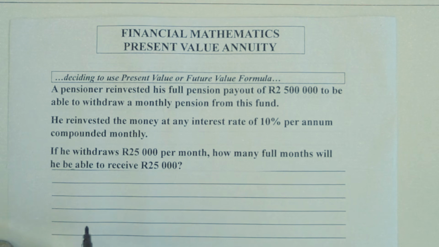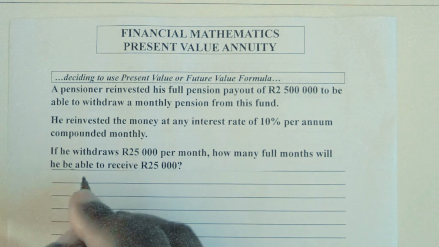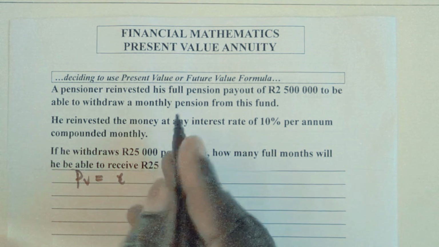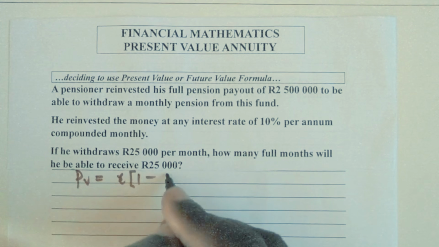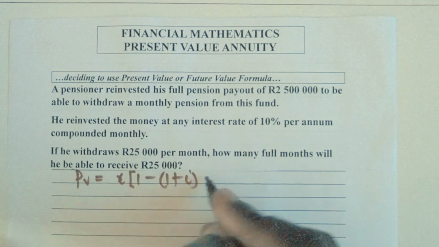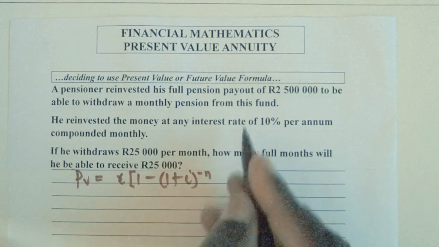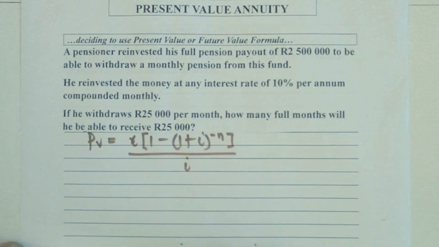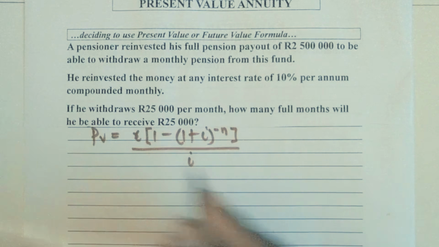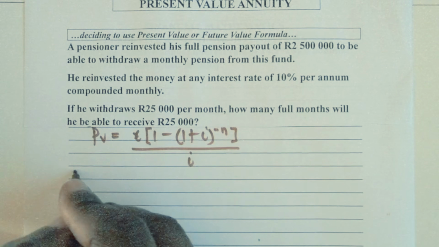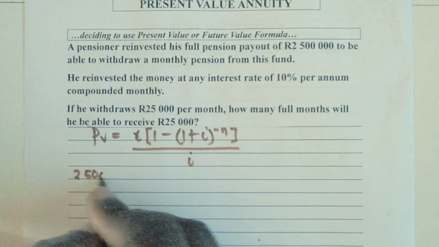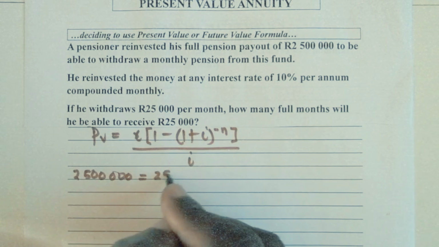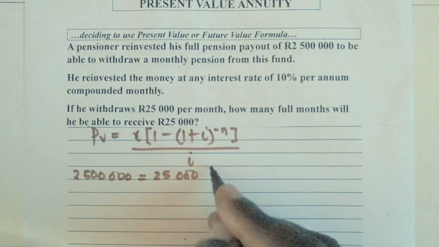So let me begin here by writing down the formula. PV is equal to... after that, I'm going to do my substitution. My PV is 2.5 million, and my X is 25,000.